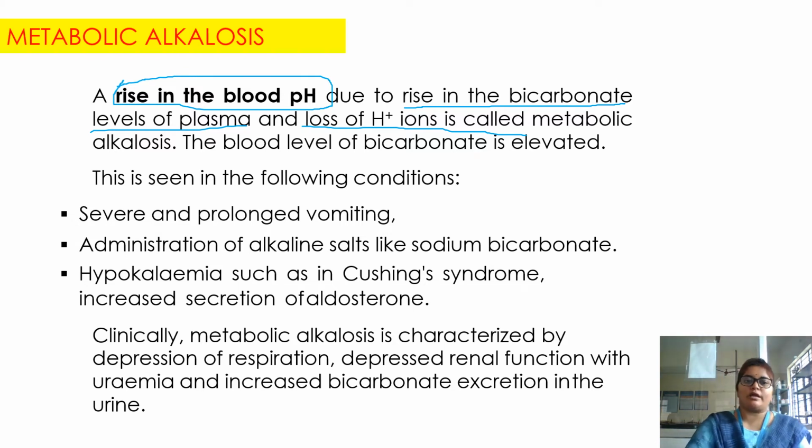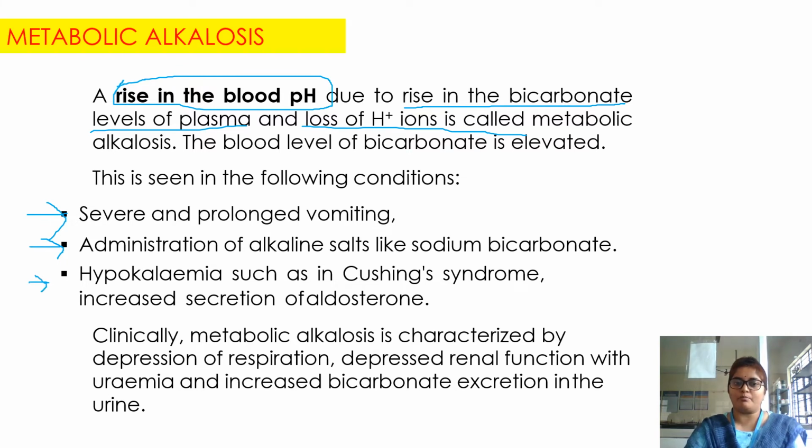And in these following situations it is seen. What are those situations? Severe and prolonged vomiting. When there is continuous and prolonged vomiting, that is, the frequency as well as the number of days that the vomiting is happening is increased. Administration of alkaline salts like sodium bicarbonate also increases the pH.